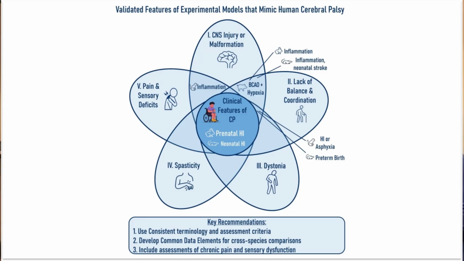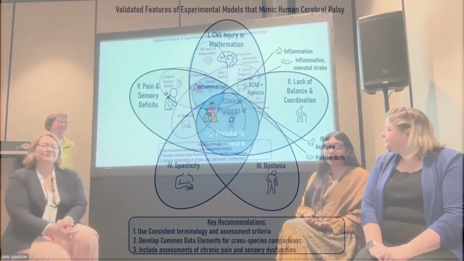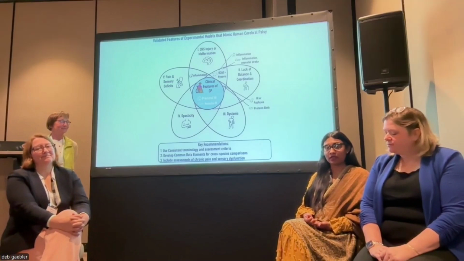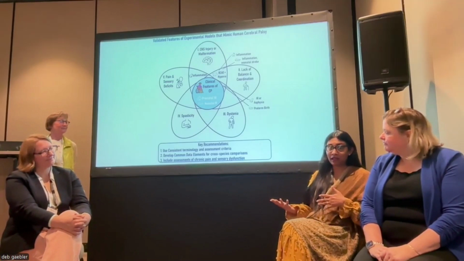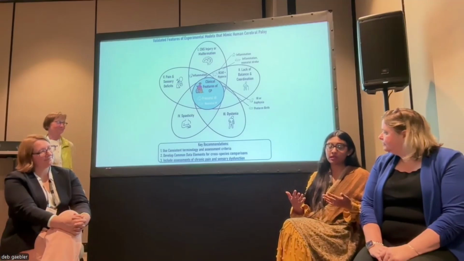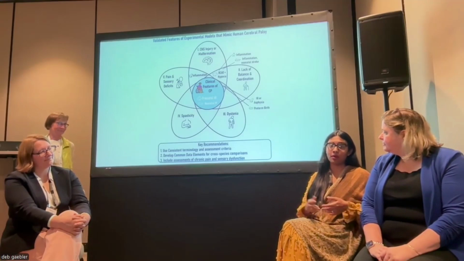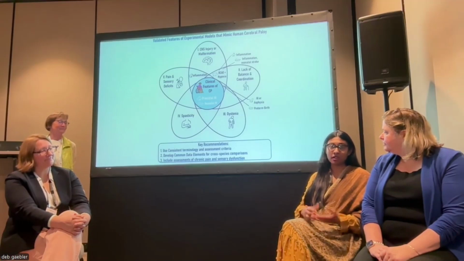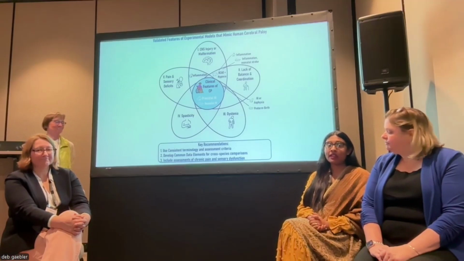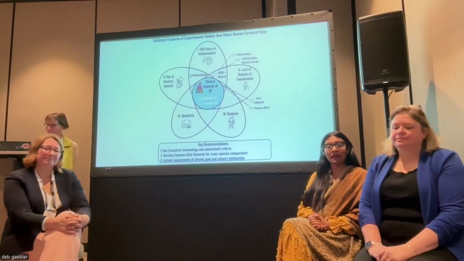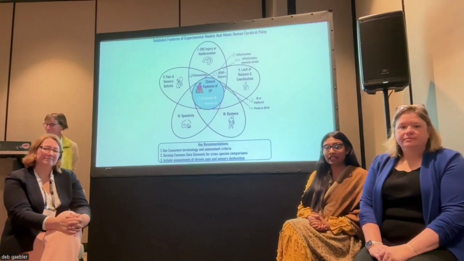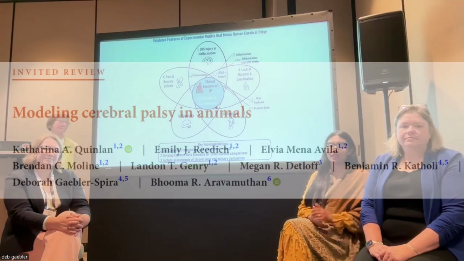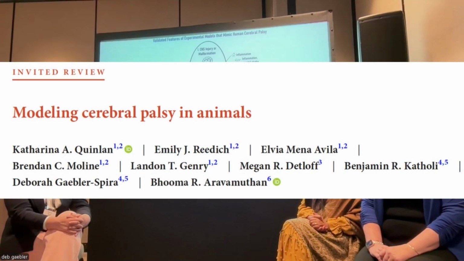And the third point is we tend to focus a lot on motor signs when we think about cerebral palsy in people and in animal models, but it's really important to think beyond that. And that's what our community partners tell us: pain, sensory impairments, cognition, and beyond. So we really hope that people think through how to make animal models of CP clinically relevant and measure clinically relevant and community relevant outcomes in animal models going forward.